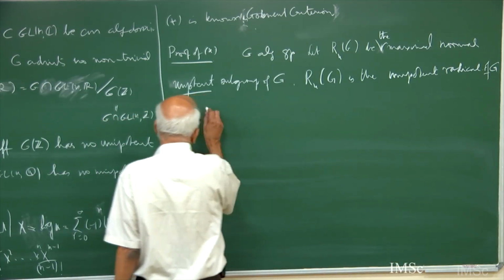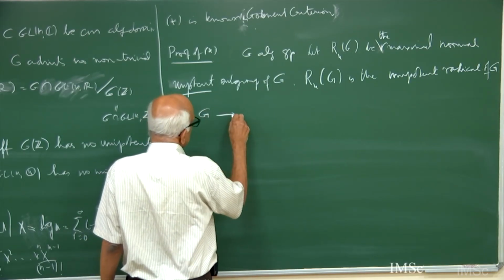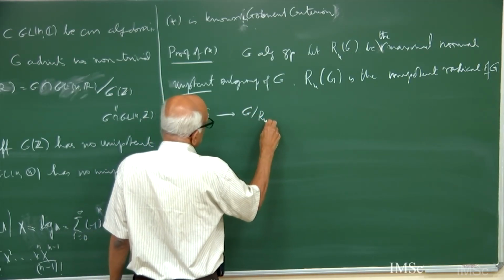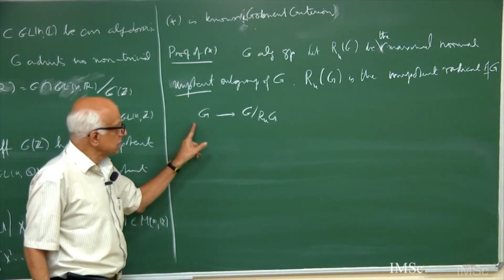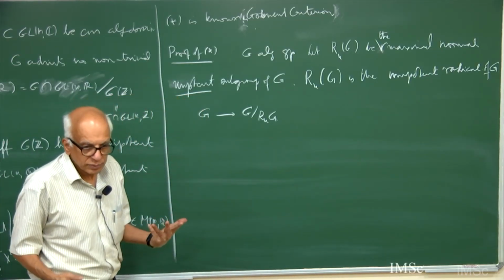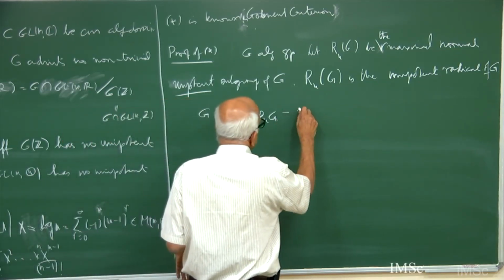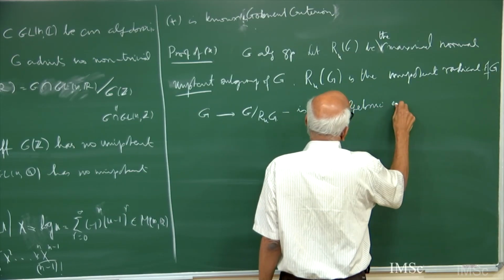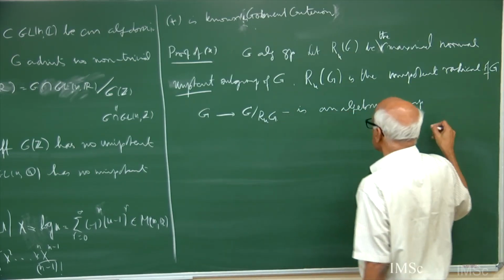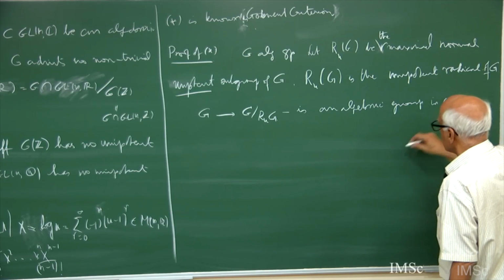Then you have a natural map G to G modulo RUG. Now, it turns out that this quotient is again an algebraic group in a natural fashion. I'll come to this in a moment.